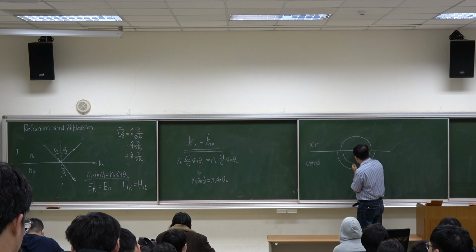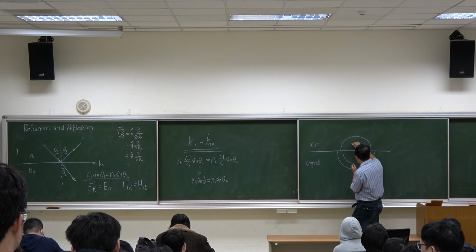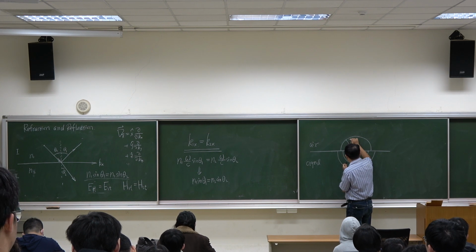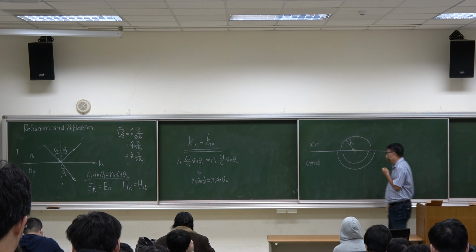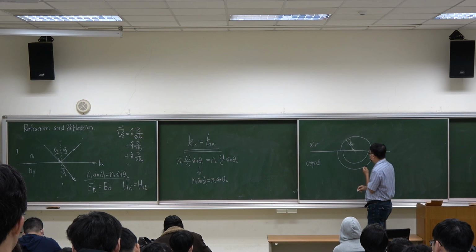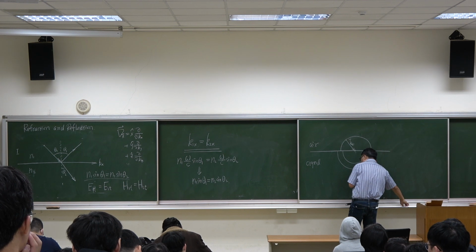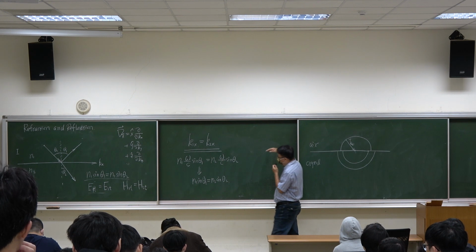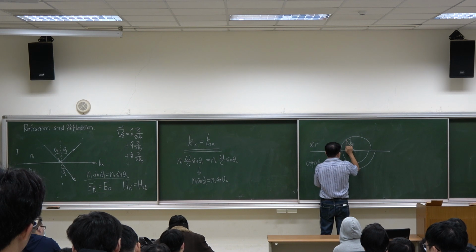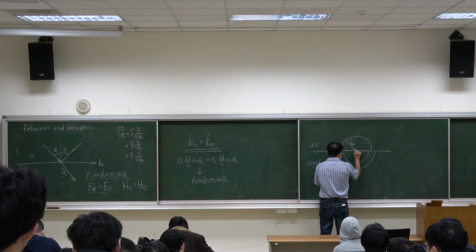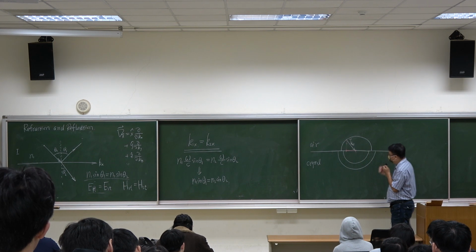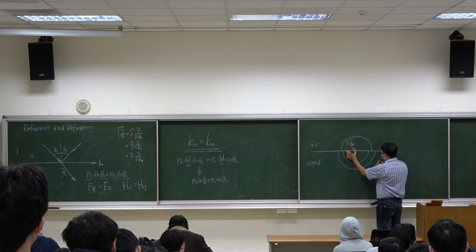So suppose here is the origin, and this vector indicates the incident light K vector. I denote it as K0. To keep the horizontal component of the K vector unchanged, the projection of K0 is this.